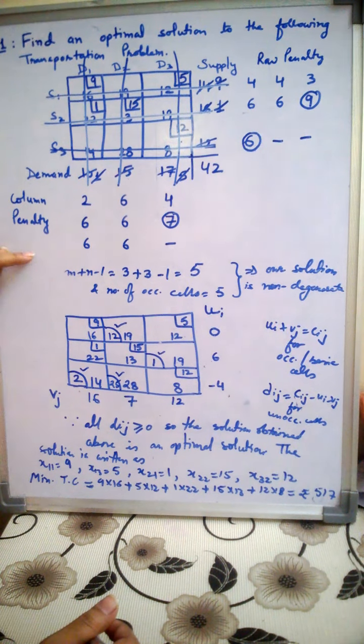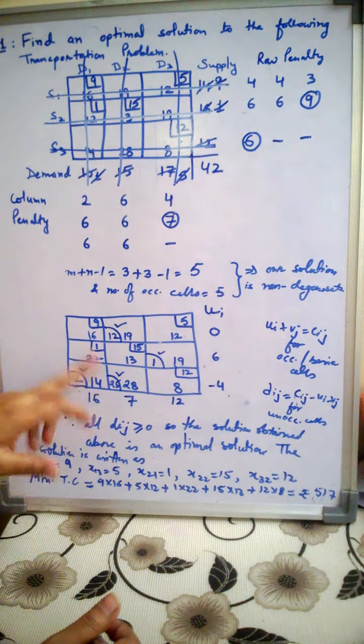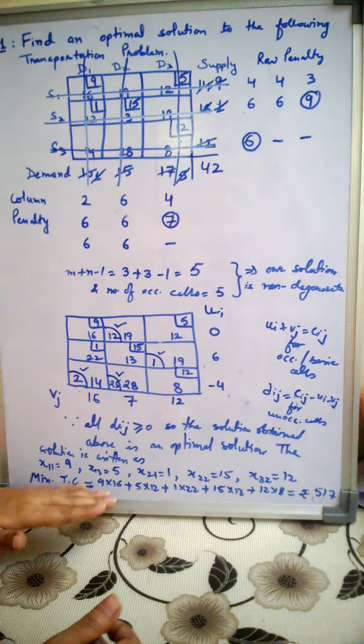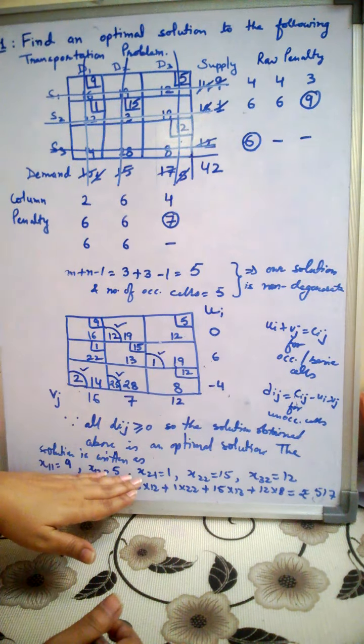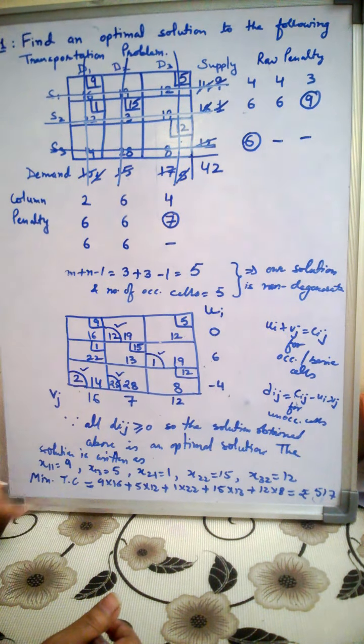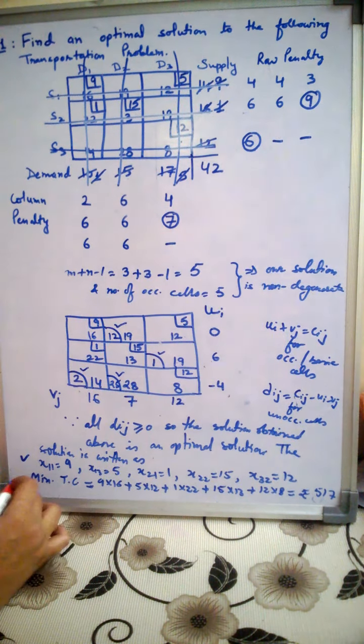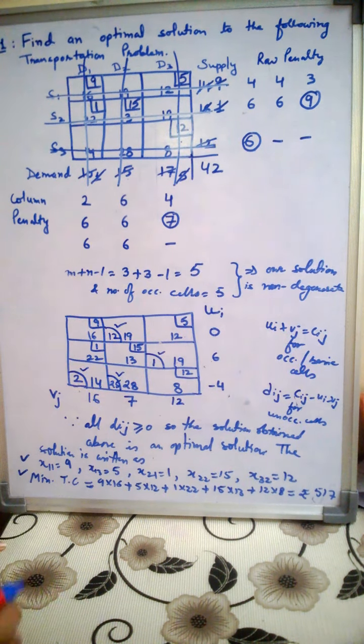Then after finding the initial solution, you'll check whether the solution is non-degenerate or not. If the solution is non-degenerate, then use modified distribution method, find u, v and d values. If all dij's are positive, that means the solution is optimal, and then you just have to write down the solution. Solution contains two parts. First is the number of units transported, which are represented by x, and then you have to write down the minimum transportation cost. So this ends this question.